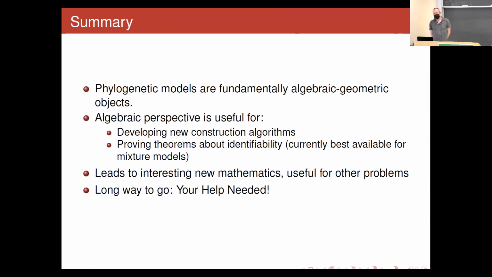That algebraic perspective is useful for developing new algorithms for reconstructing phylogenetic trees from data. It's also really useful for proving theorems about identifiability. I didn't spend a lot of time on that section, but our best results for some classes of models really come from this algebraic perspective. It also leads to lots of interesting new mathematics, like I told you about at the end. And there's lots more to do in this area.